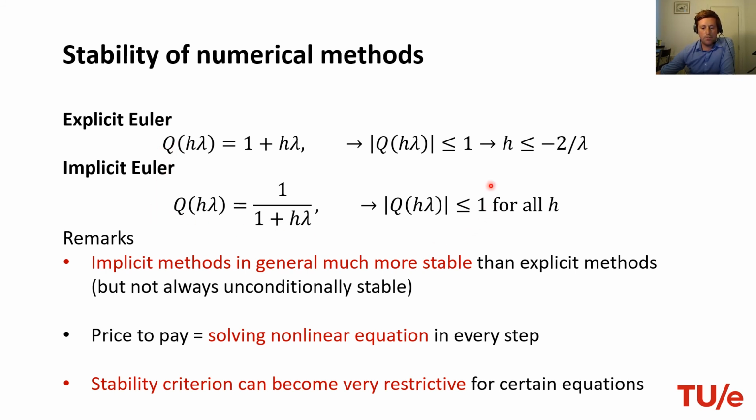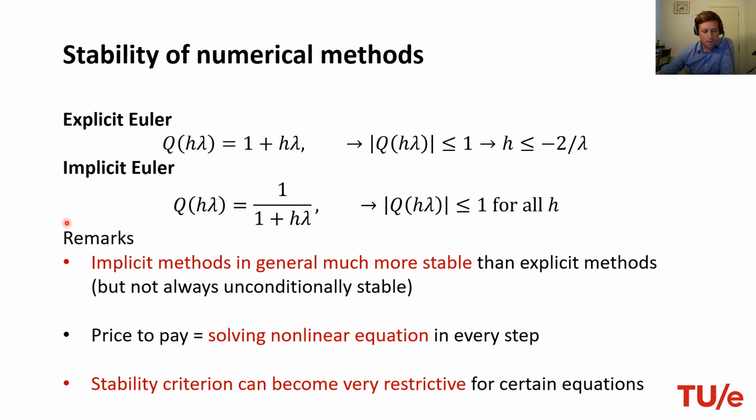Then we would make a stability criterion based on saying that the absolute value of this amplification factor has to be smaller than 1, and you have to choose h such that that is satisfied. We found that for implicit Euler, this was satisfied for all h, whereas for explicit Euler, we had a criterion for h which had to be upheld. Otherwise, you have instability.